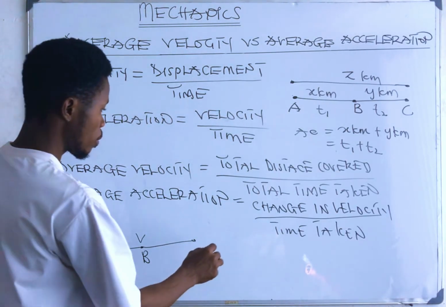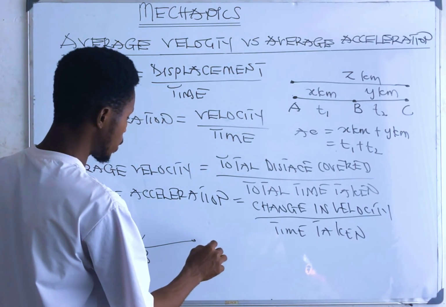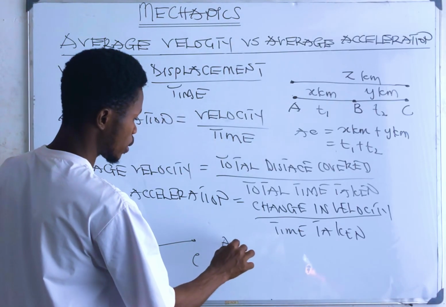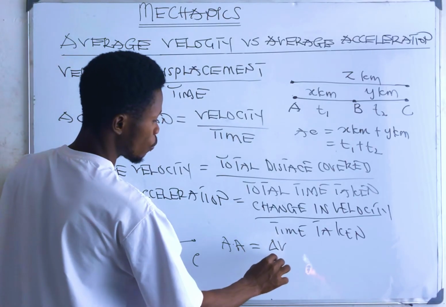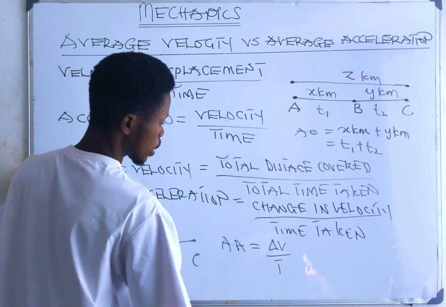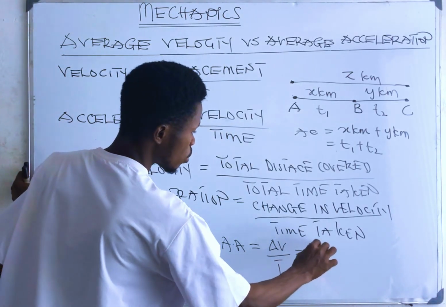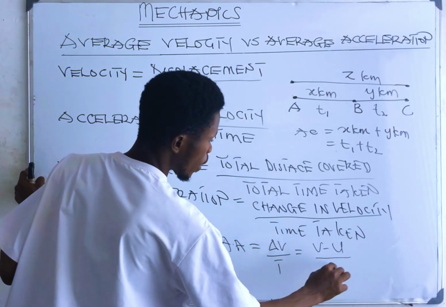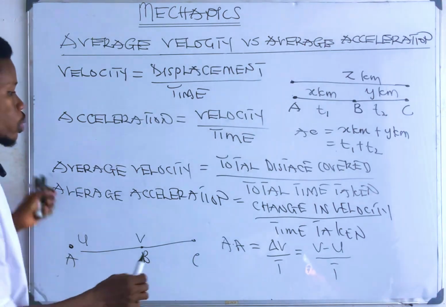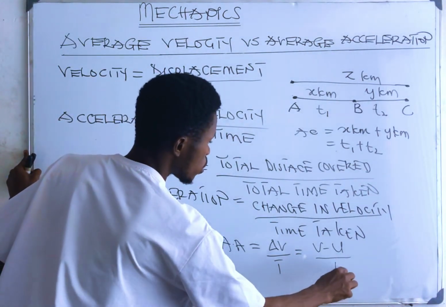So the average acceleration will be change in velocity over time, which is the same as V minus U over time. I have to use small t.